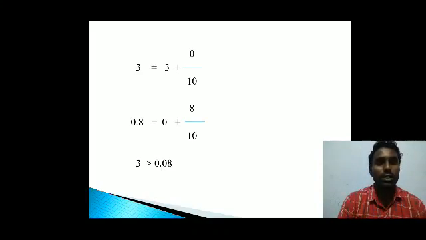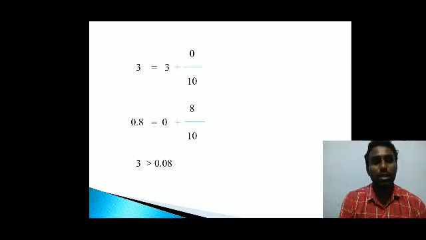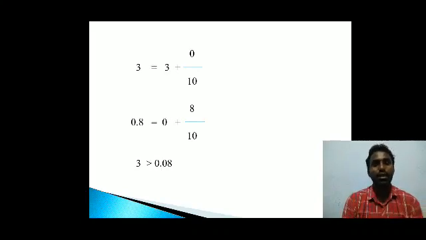So what is the whole number? 3. Here 0. Which one is greater, 3 or 0? 3 is greater than 0. So if the whole number is greater, at that time itself we can identify that it will be greater. Okay, so 3 is greater than 0.8.